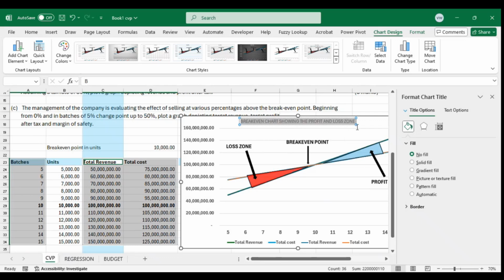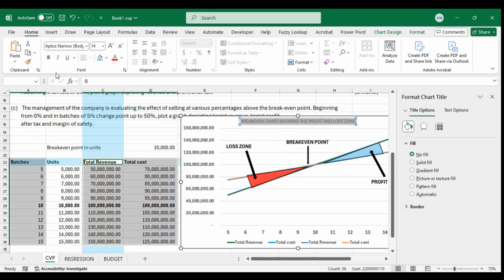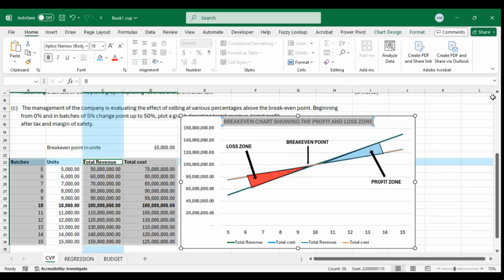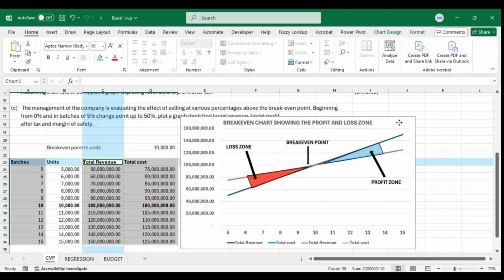Break-even chart showing the profit and loss zone. Make it bold, increase the size, and that's it. Now the chart is communicating, and we've shown.